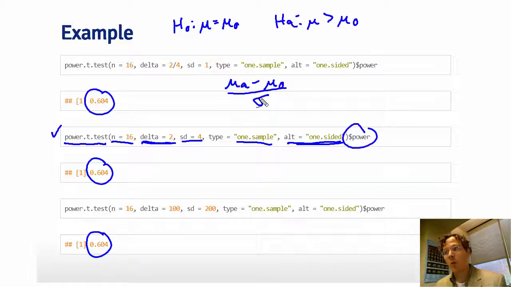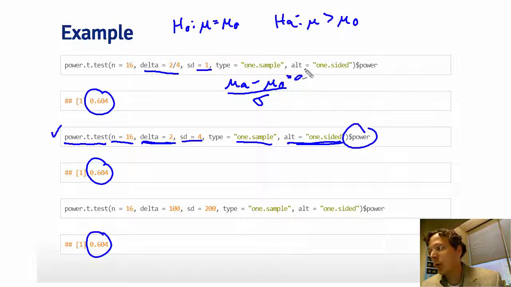And what I'm showing is that power.t.test, just like the normal power, only depends on the effect size, how different mu naught and mu a are divided by the standard deviation. So here I specify my delta as 0.5 and give it a standard deviation of 1. And notice, if I'm defining this numerator as delta, this is the same effect size as in this case right here.